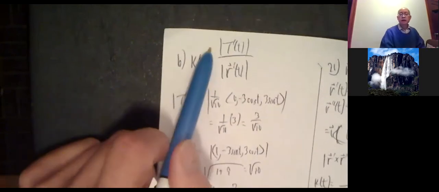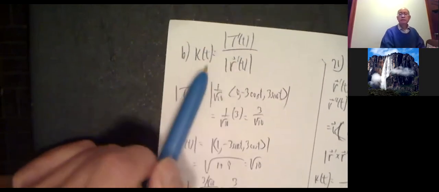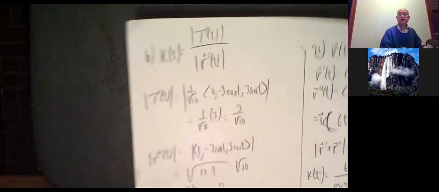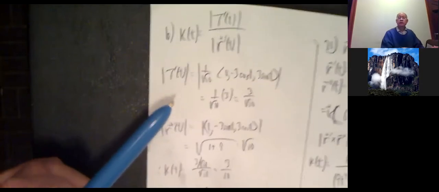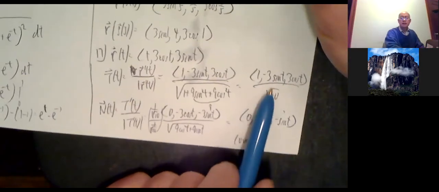Kappa is the magnitude of T prime divided by the magnitude of r prime, by formula. So magnitude of T prime, T prime was that.